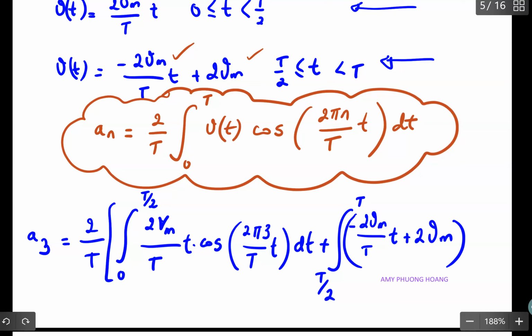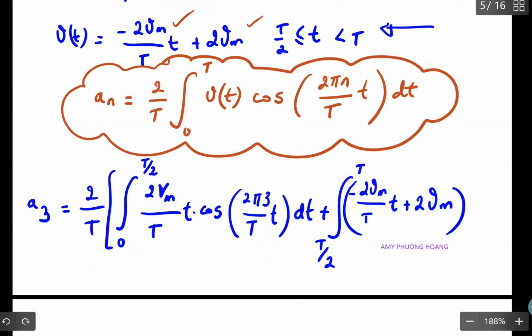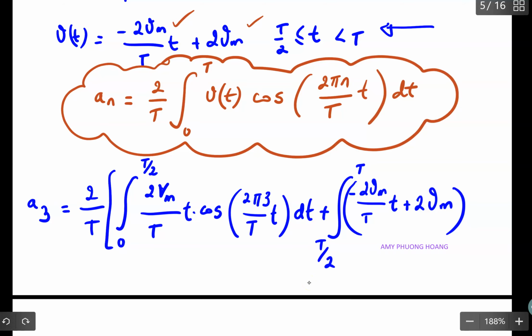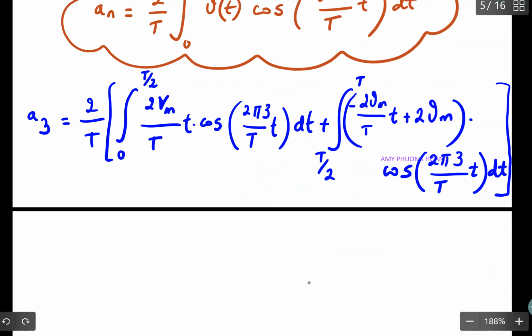All of it, I still have to multiply with cos of 2 pi 3 divided by T times t, and dt. Close the bracket, because I still have to multiply that with 2 over T.